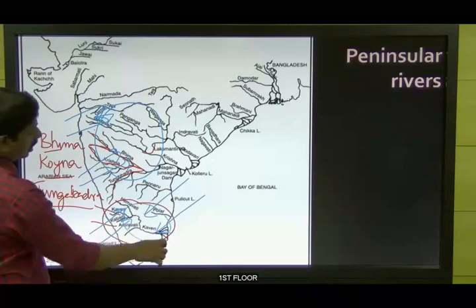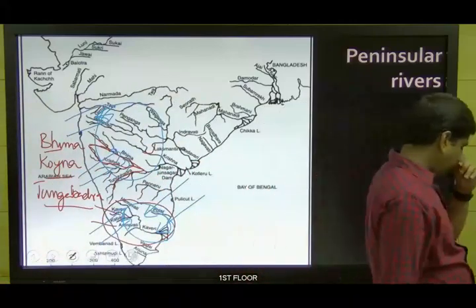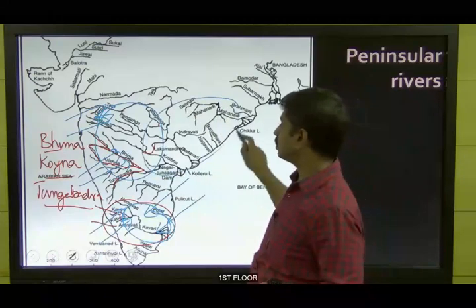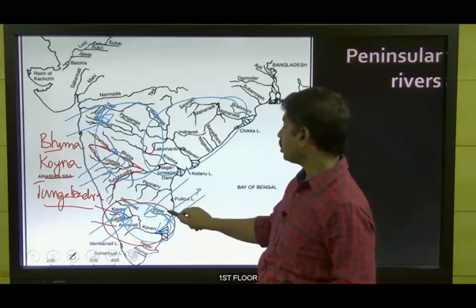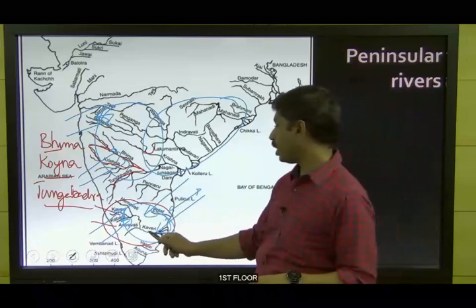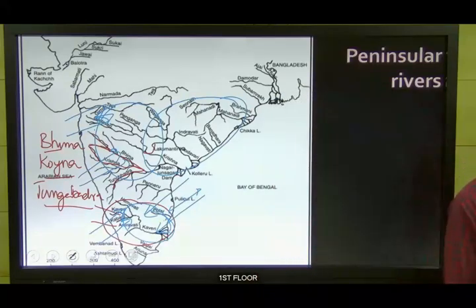And relatively, Kaveri is perennial, not as seasonal as these rivers. Since it receives rainfall from both the northeast and southwest monsoon, the fluctuation in the annual flow is less in case of Kaveri.